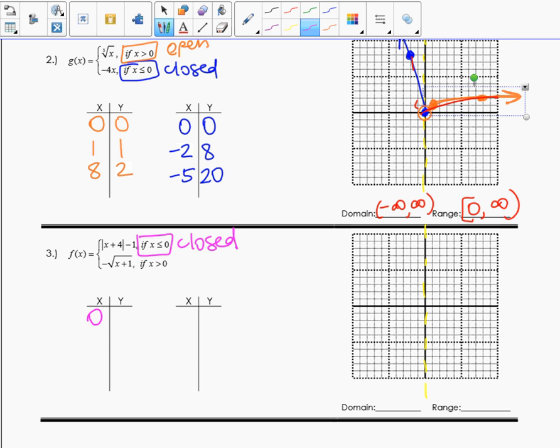So at 0, when x is 0, you can use your table for this off of your graph. When x is 0, y is 3. Okay, and we want any x value that is less than 0. So -1, -2, etc. Now remember, this is an absolute value graph, so you're looking at something like this. Okay, so you don't necessarily want to come up with a straight line.